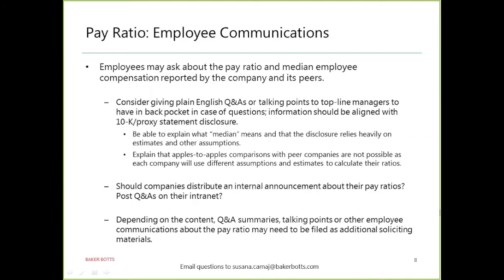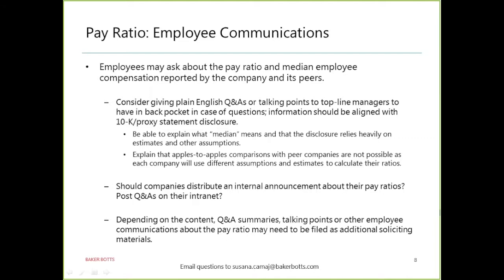Maybe it makes more sense for your top line managers to be aware of or be prepared to speak toward the company's philosophy or policies as far as how they would compensate other employees outside of the officer ranks, and how they plan to be competitive and how they execute on that strategy as far as the compensation of their employees.